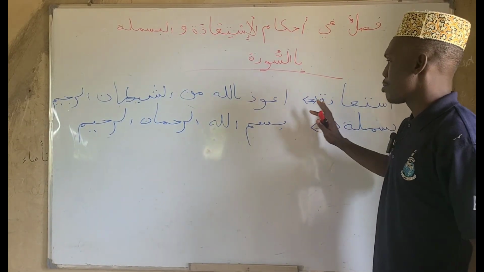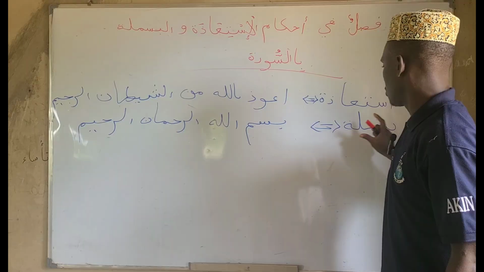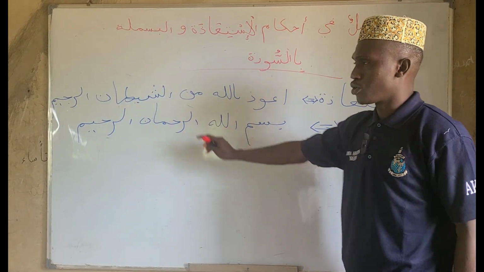So Isti'ādhah means A'udhu billahi minash shaitanir rajim, and Basmalah means Bismillahir Rahmanir Rahim.